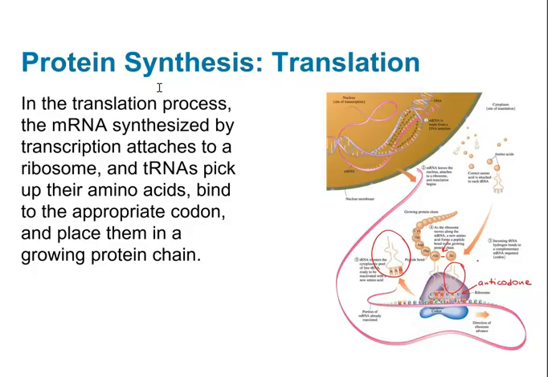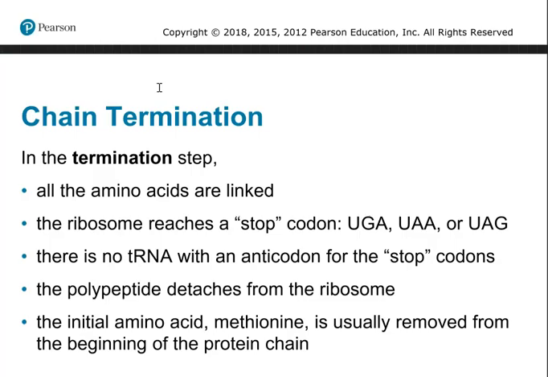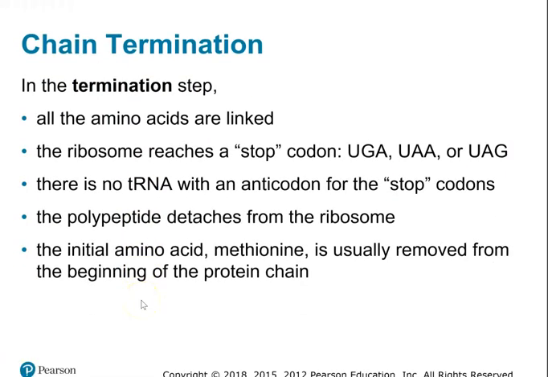So they are added exactly according to the code, exactly according to the sequence of 3-letter words that we call codons, and that sequence is the sequence of messenger RNA. Okay? Does that make sense? So when the ribosome, that big thingy here, reaches the end of the gene, the end is marked by a stop codon.